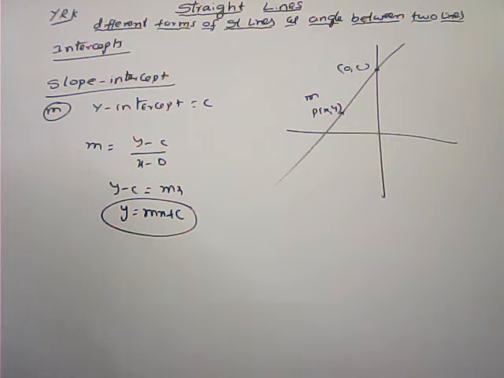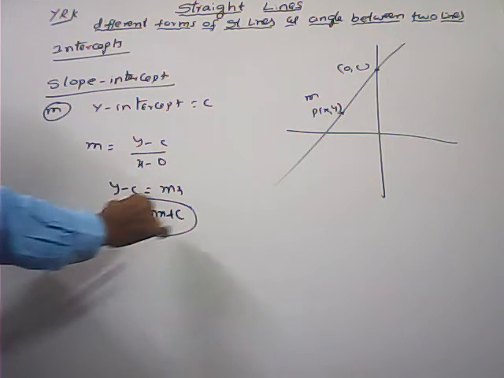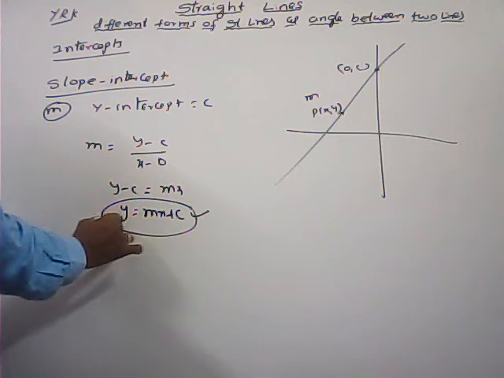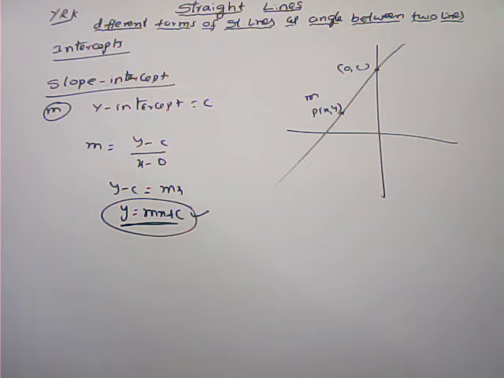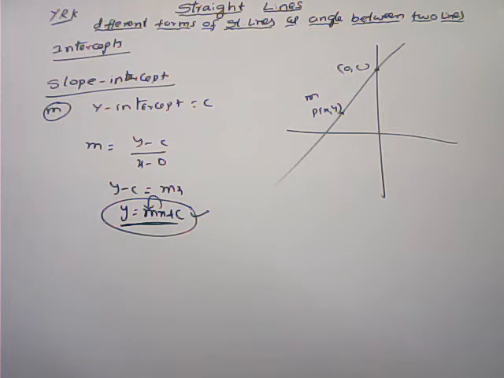This is the equation of the line in slope-intercept form. Whenever they give the slope and y-intercept, we can write the equation of the line. If any equation of the line is given, we can write it in the slope-intercept form also. Here the x coefficient is the slope of the line.